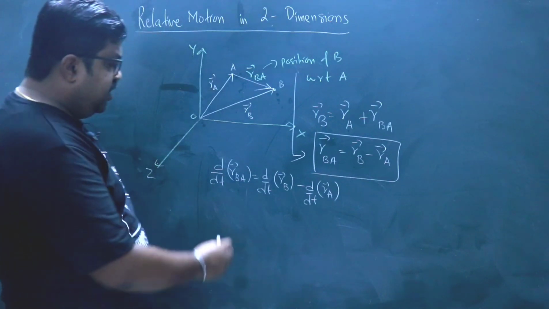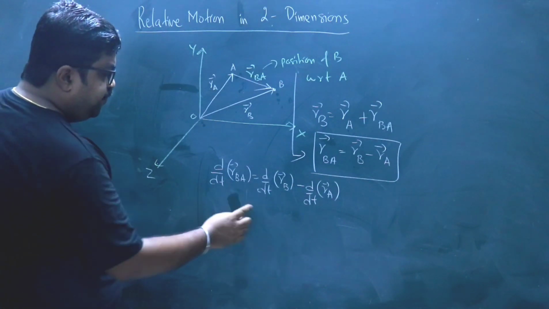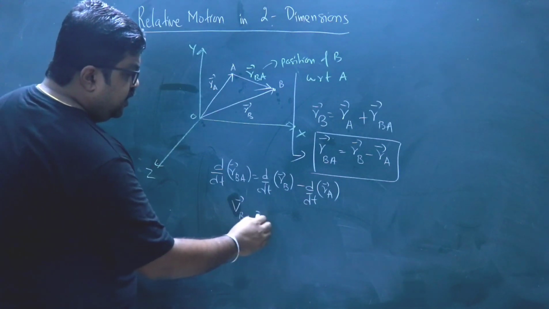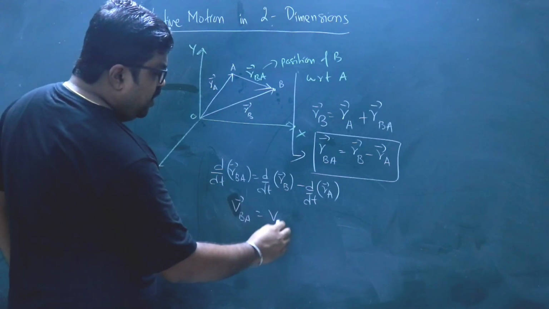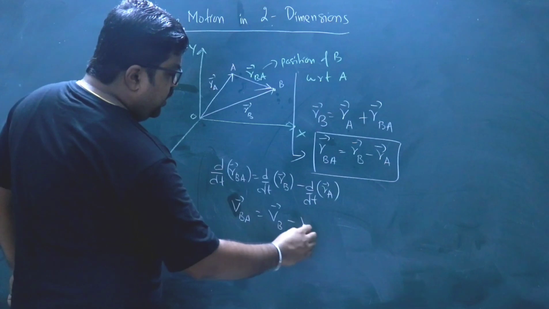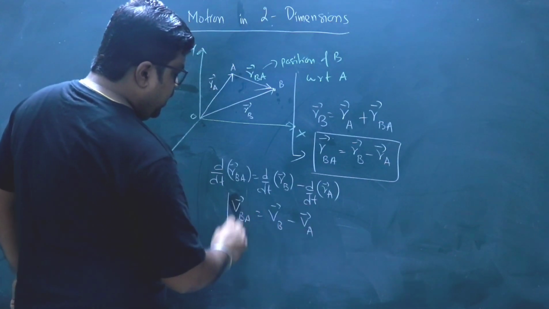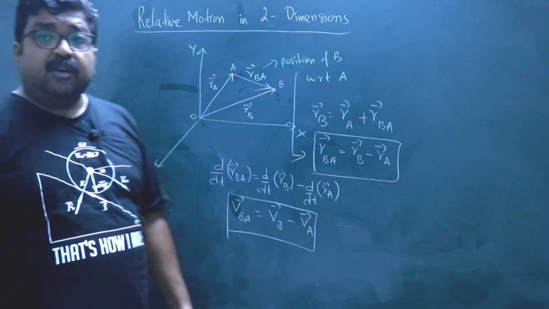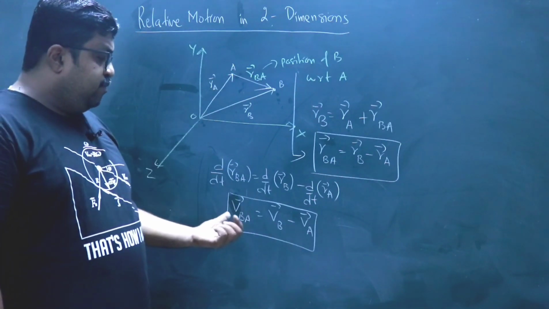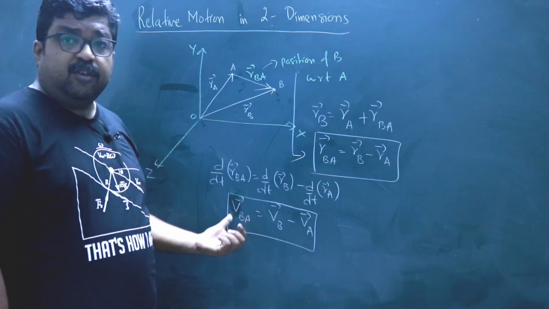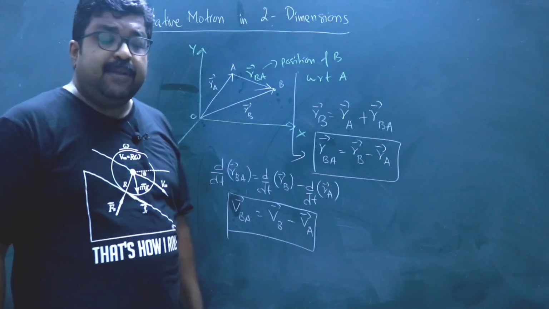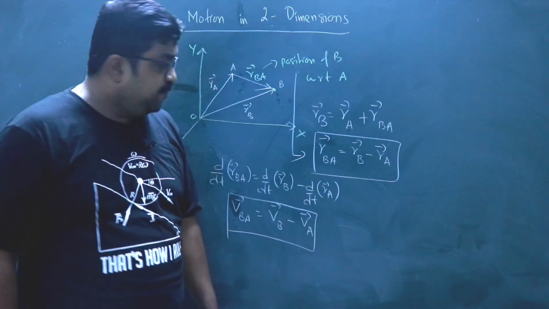So this is velocity of B with respect to A is equal to d by dt of RB, which will be VB, minus d by dt of RA, velocity of A. So this is how we write relative velocity of B with respect to A. Now let us see what are the implications of this expression.